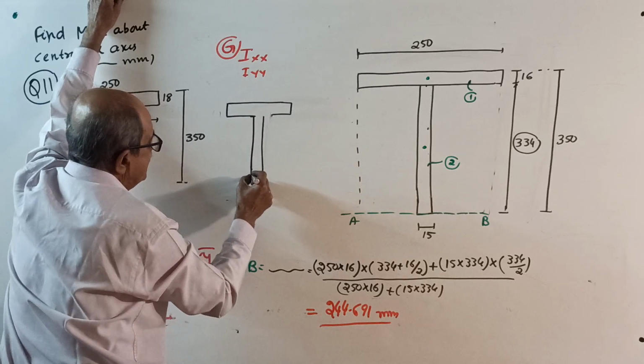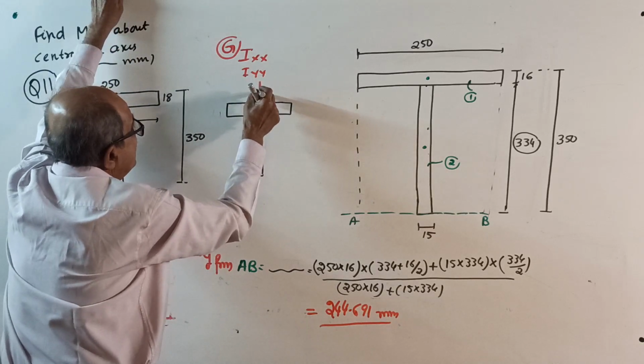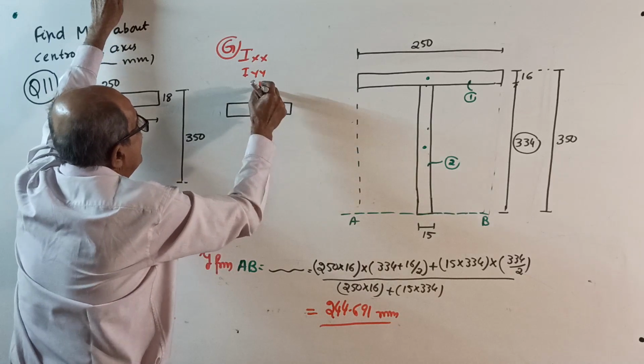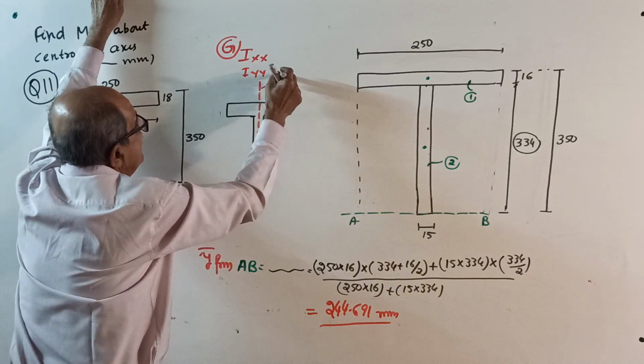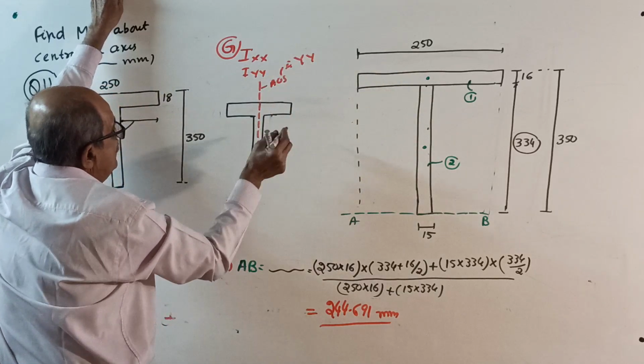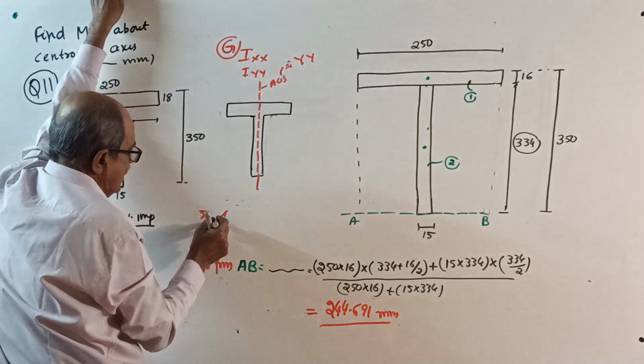This is the given T section. It is symmetrical about this axis. This is the axis of symmetry, that is the YY axis. So there is no need for an X bar calculation. X bar is not required.